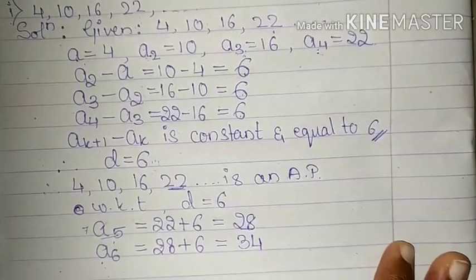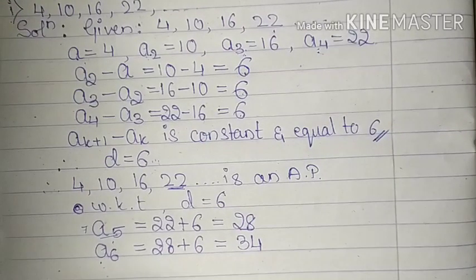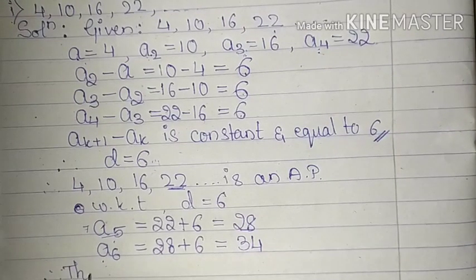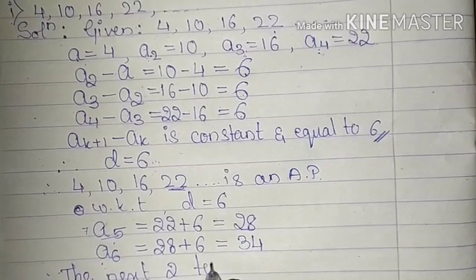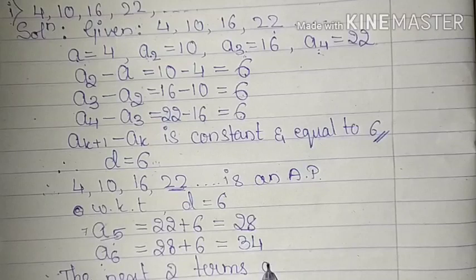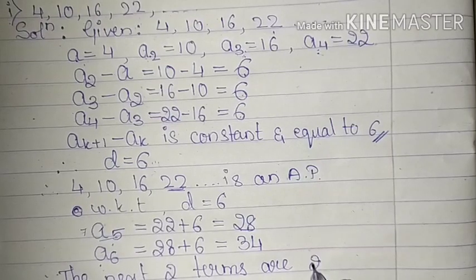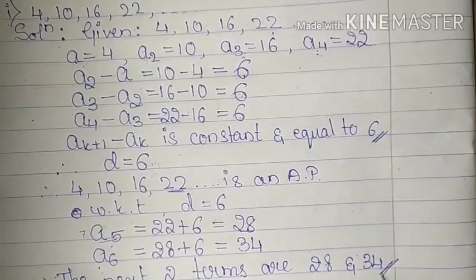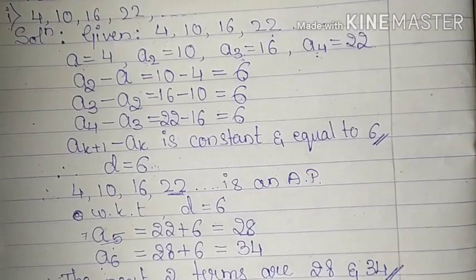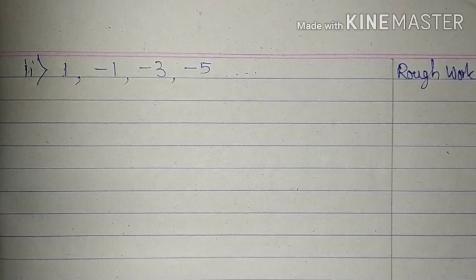So the next two terms of our AP are, therefore, let's write it down. The next two terms are 28 and 34. This is our complete solution. Moving on, we have our second list of numbers.